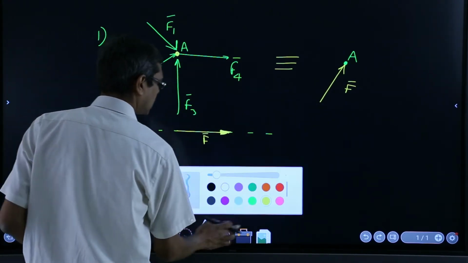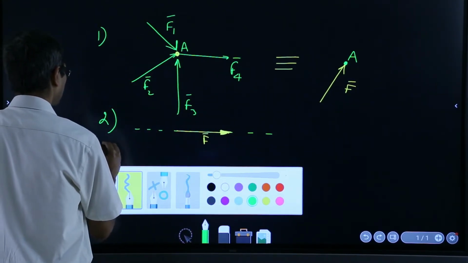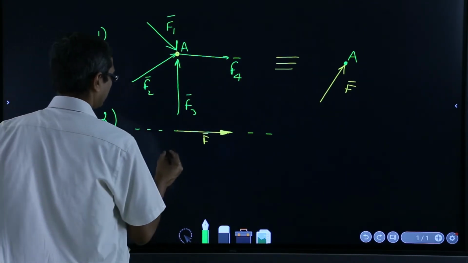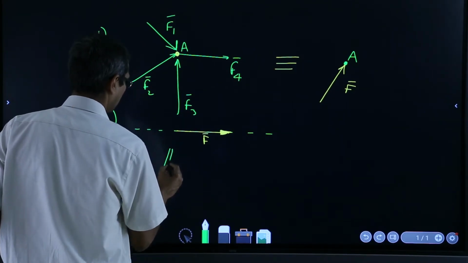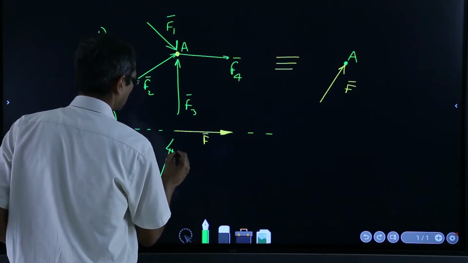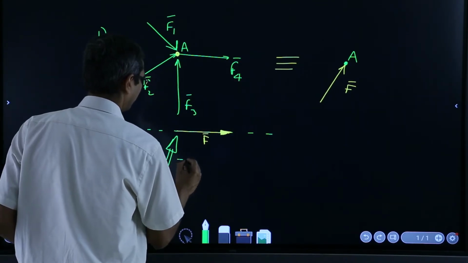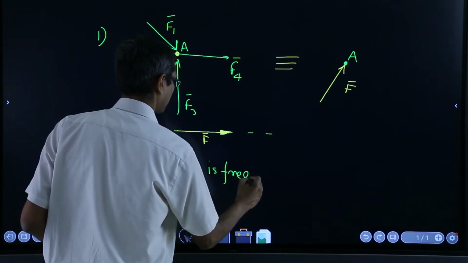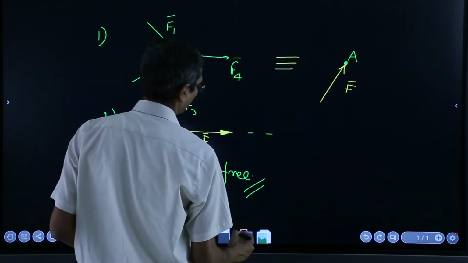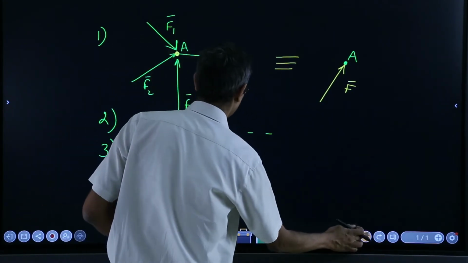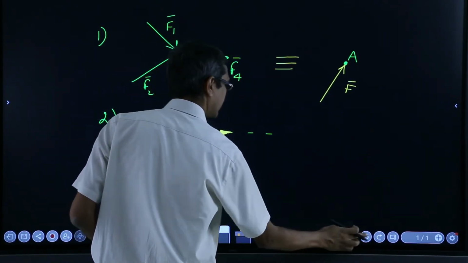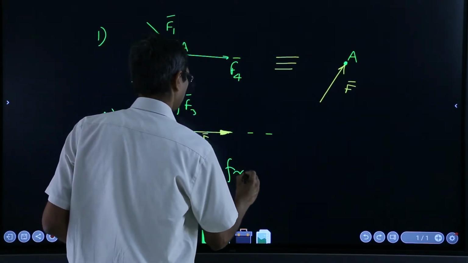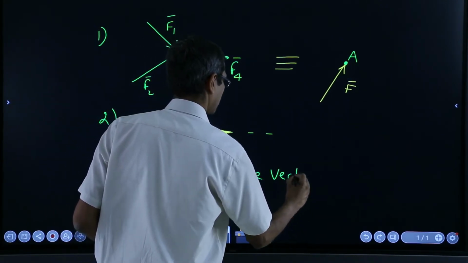Now coming to the third of the trivial tricks, the couple moment is free, or should I write a free vector? I will write C is a free vector.